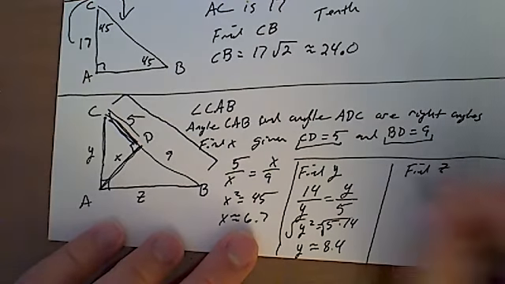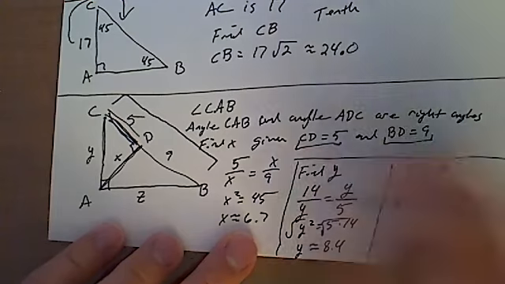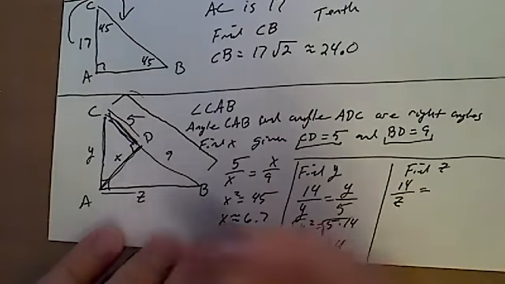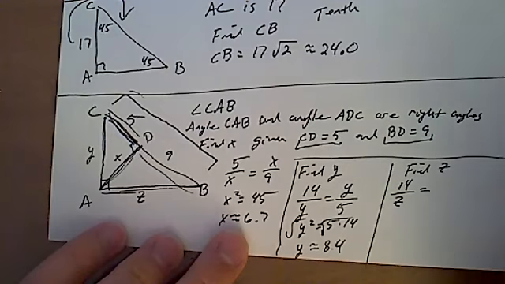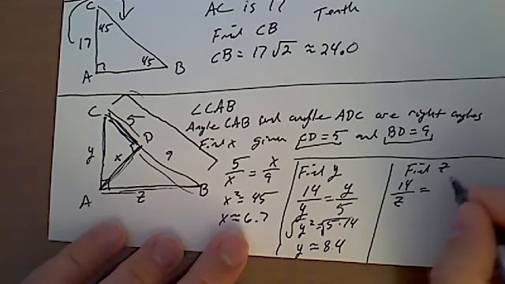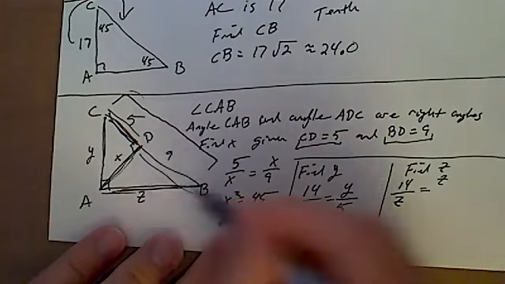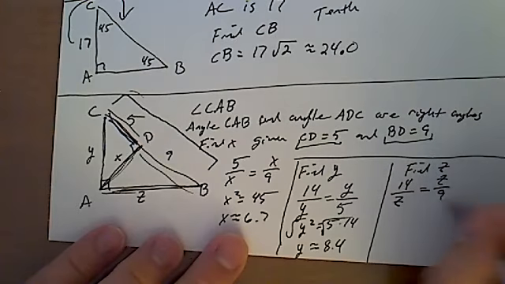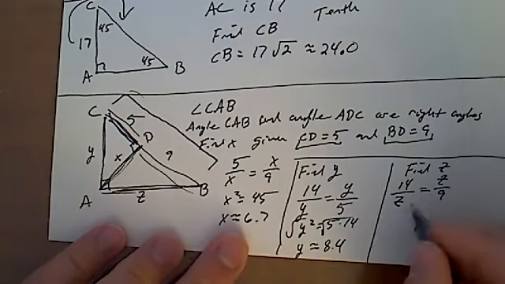Z is similar to that. So we start with 14 over Z. Again, it's the hypotenuse of the whole over the hypotenuse of this other triangle over here. 14 over Z equals, Z is also a part of the large triangle over the part of the smaller triangle, which is DB, which is 9.